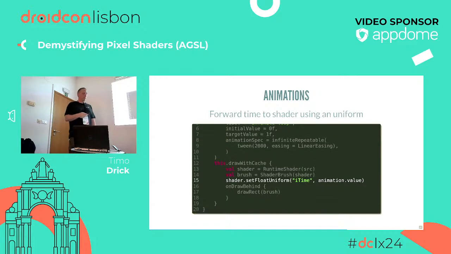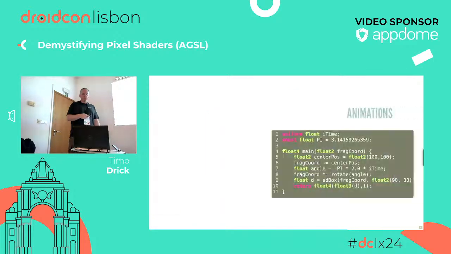You already know this uniform thing. So now we provide also a uniform for our time. It's iTime, and it's just this animation value. Compose will take care of everything and will refresh this variable on every frame of your composable.